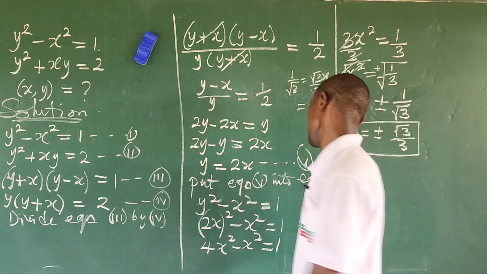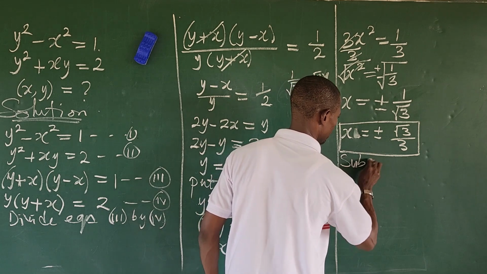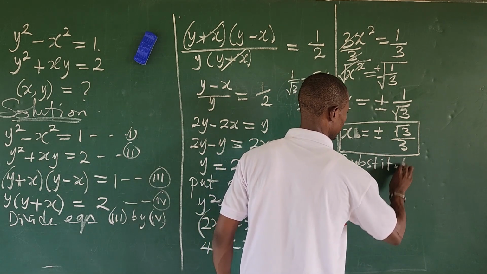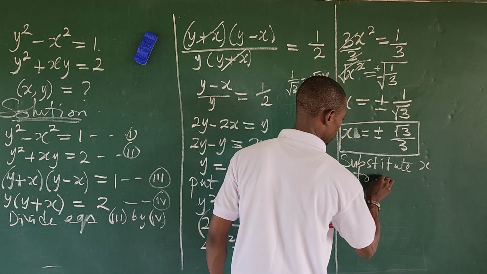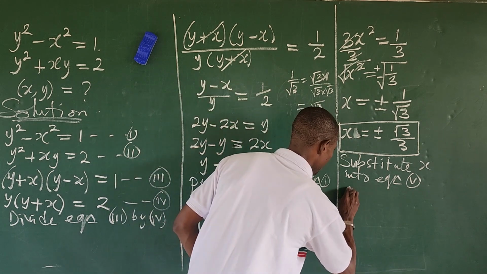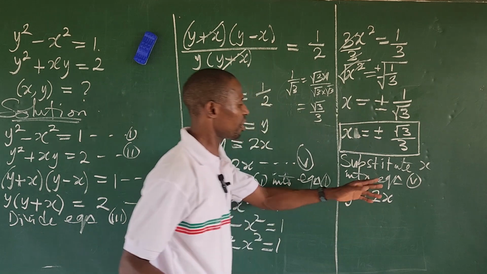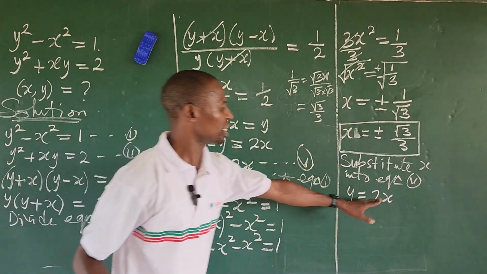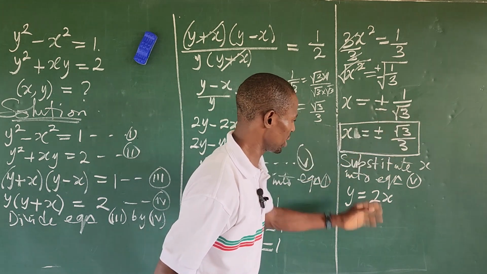So we can now substitute these values of x into equation 5. We bring down our equation 5, which is y equals 2x. So wherever we see x, let's go ahead and put in these values. To save time, let's just put the whole of this into this.